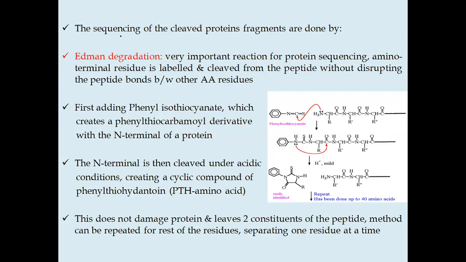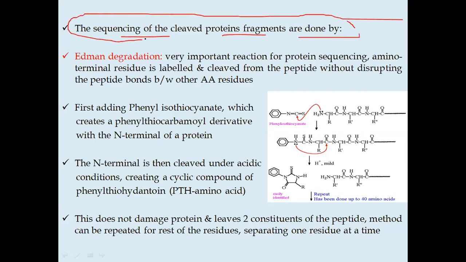The sequencing of the cleaved protein fragments is done by two important methods. The first one is Edman degradation, a very important reaction for protein sequencing.